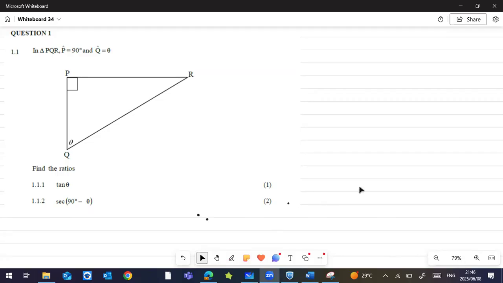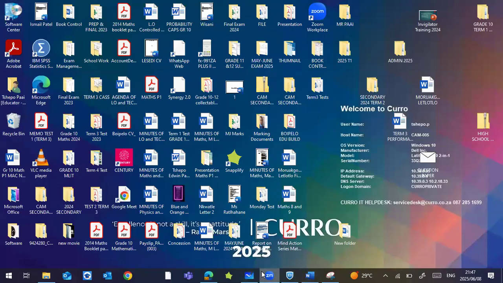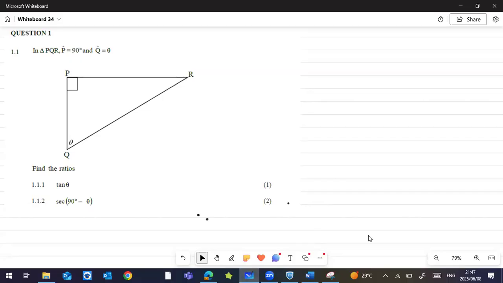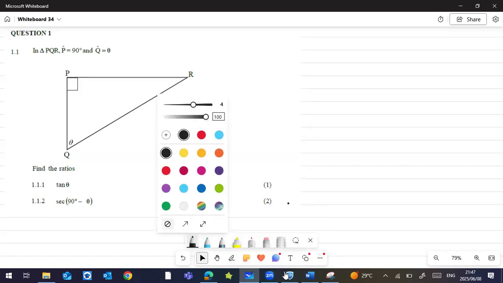Then we need to also look at, okay, let me just get a pen here. Now, if you look at what we are given there, all right, I want to just get a different color.